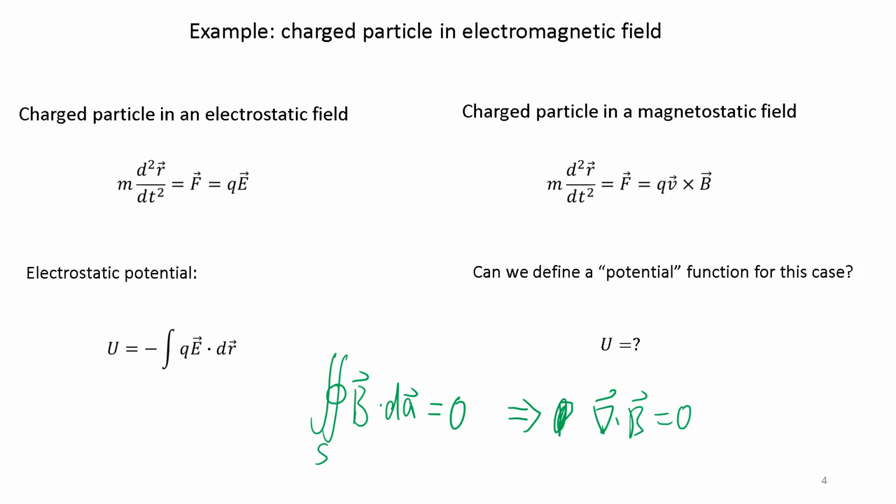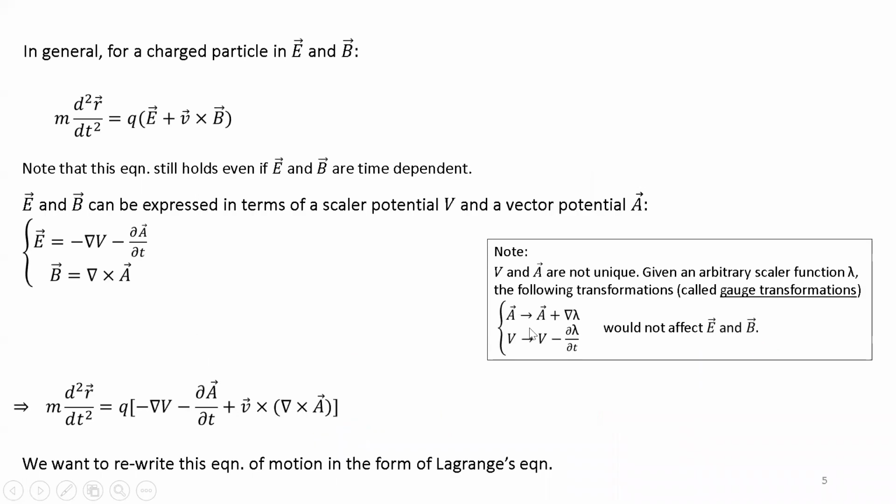And mathematically, if you have a vector field that has no divergence, then that vector field can always be written as the curl of another vector field. So therefore, B can always be written as the curl of A. This A is known as the vector potential.